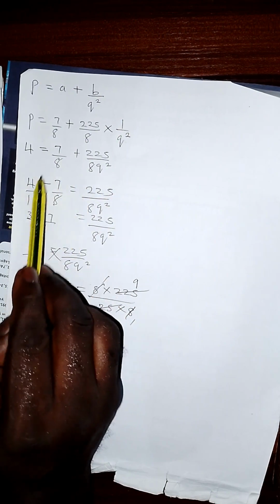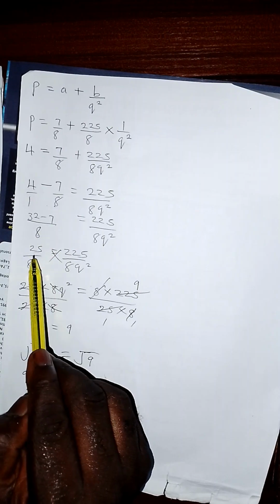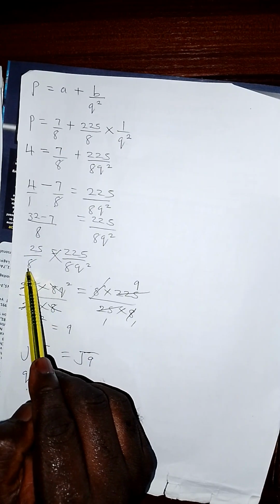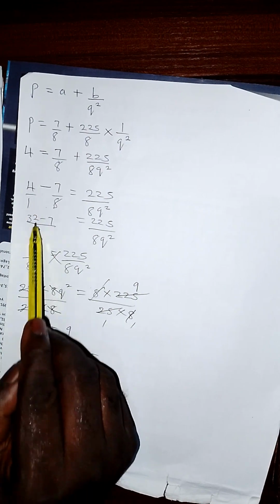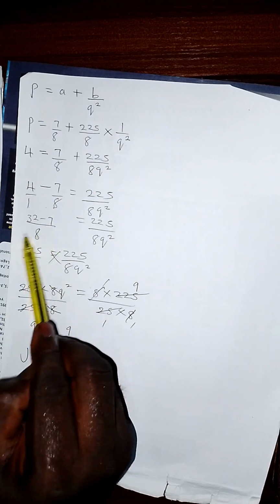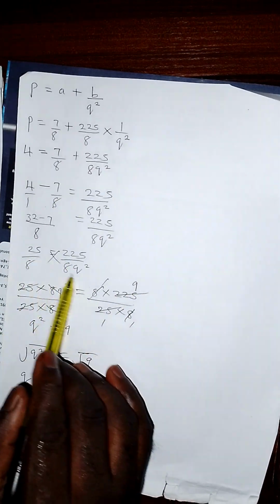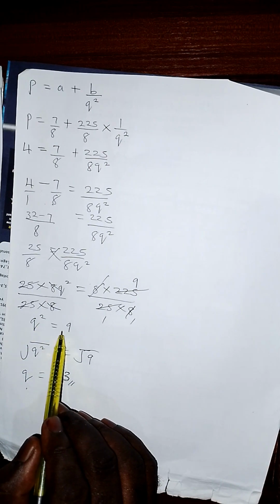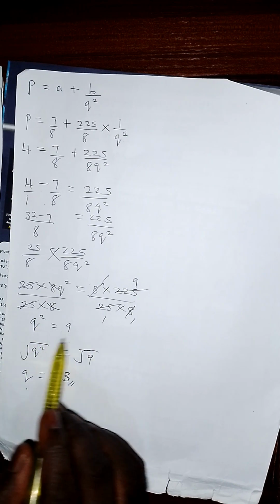So I took it here, it became minus. And then by the time we solve this, it gave us 25 over 8. How? LCM, this and this times this and this 1, this times this 7, then you have this. So cross multiply again, and I cross multiply my Q squared equals 9, and then find the square root.